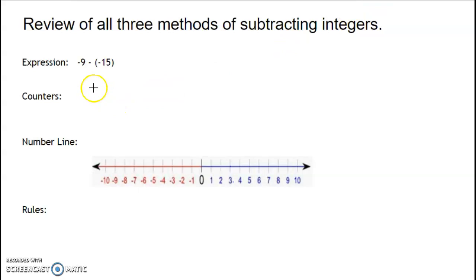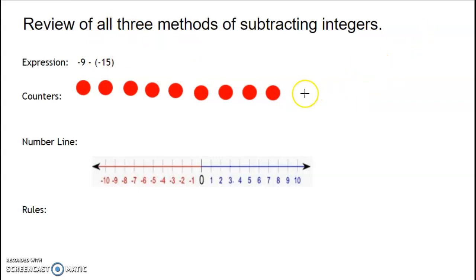And I'm going to show you that using 2 color counters. So we start with negative 9. 1, 2, 3, 4, 5, 6, 7, 8, 9. Now notice I don't have 15 to take away, but if I add 6 more counters or 6 more 0 pairs, right, we're adding the opposite.